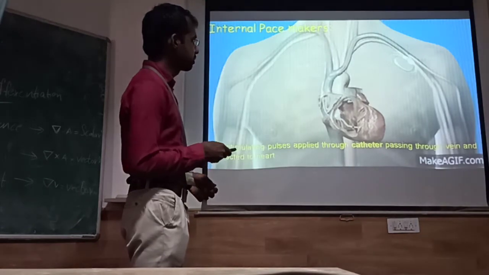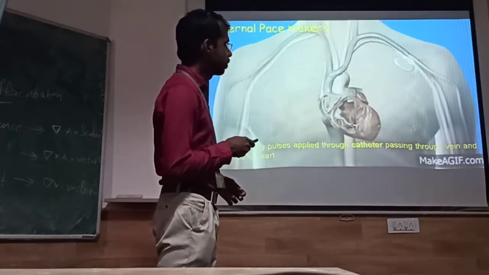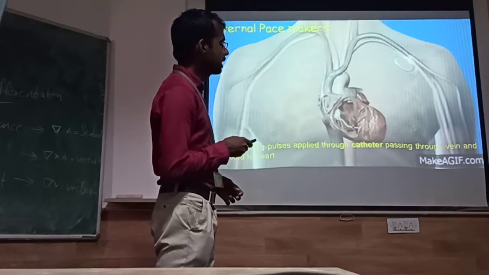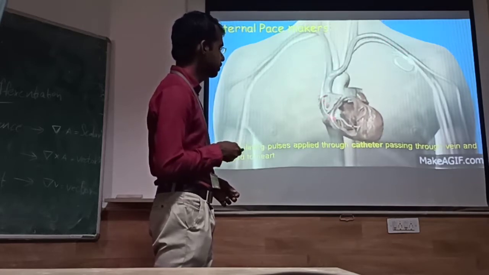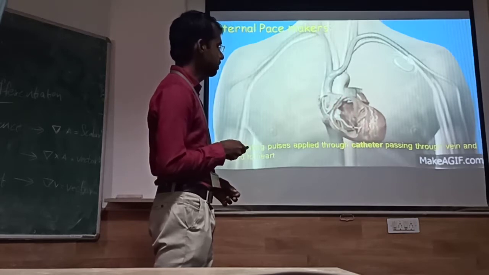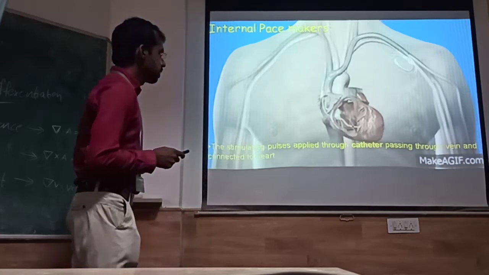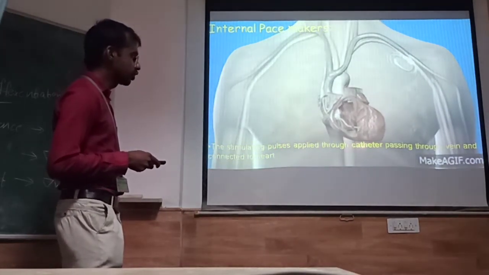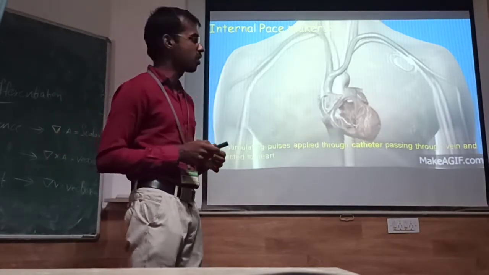I have changed the diagram since the previous one was not visible. Here you can see that near the shoulders they have placed the internal pacemaker. From here the leads go through the nerve and somewhere connect inside, and that's how the heart is functioning, right? This is the general arrangement. The stimulating pulse is applied through wires or leads.